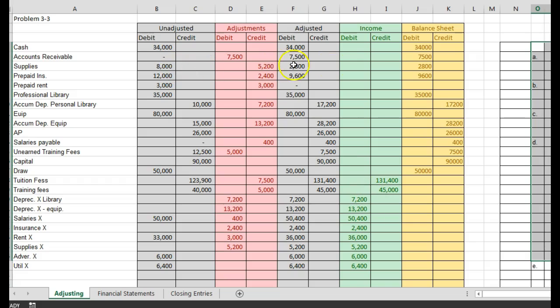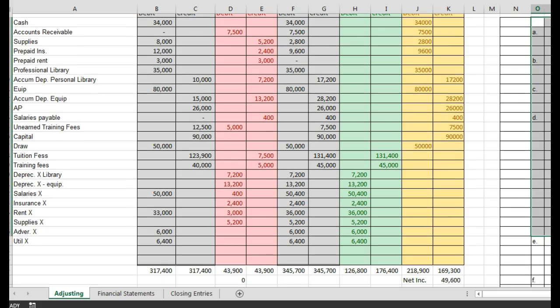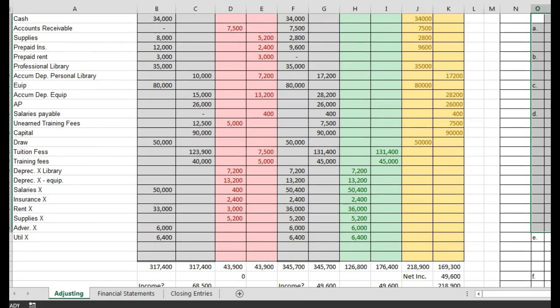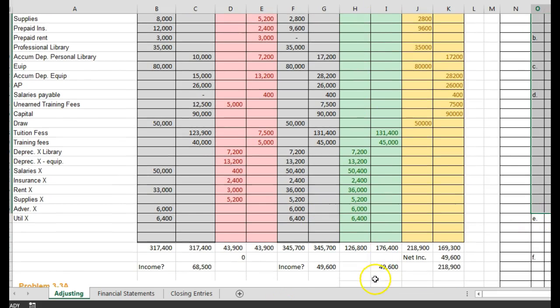You've pulled off the balance sheet accounts here, and you've pulled off your income statement accounts here. You've totaled both of these. You've come up with a net income of $49,600. It's correct because when you add up the balance and add that to the credit side, you're balanced. So your net income is $49,600.